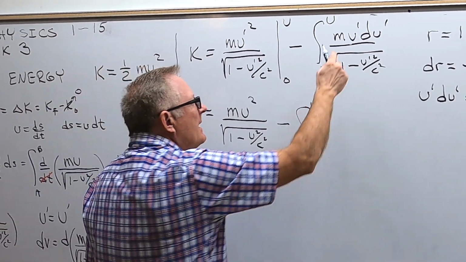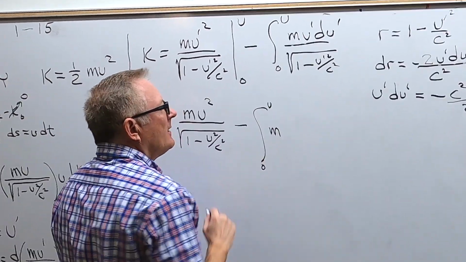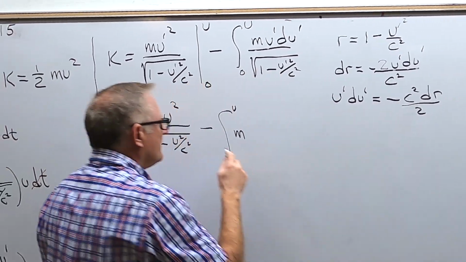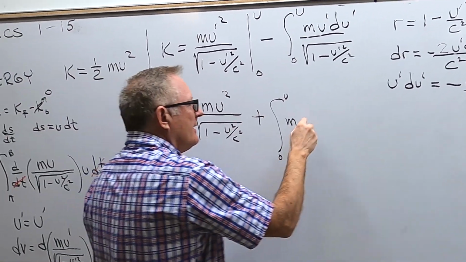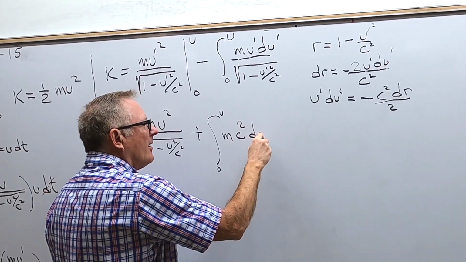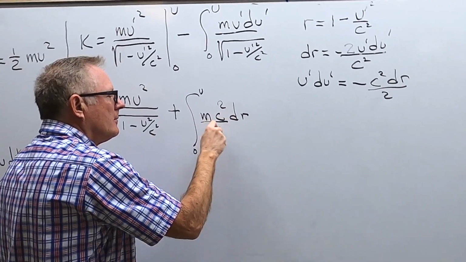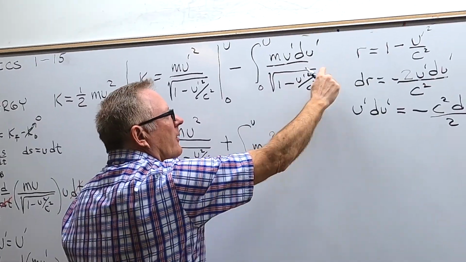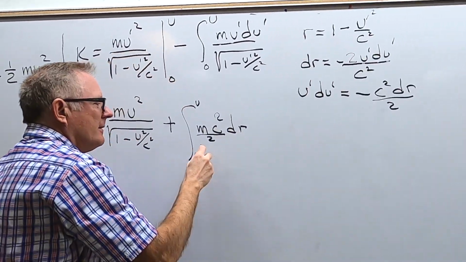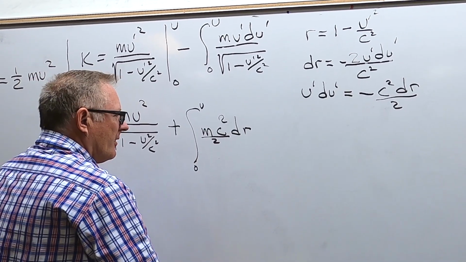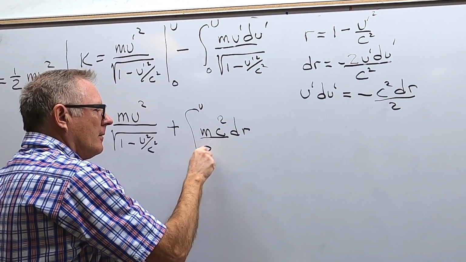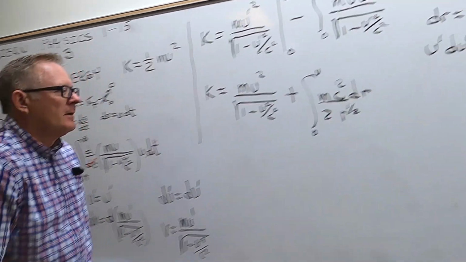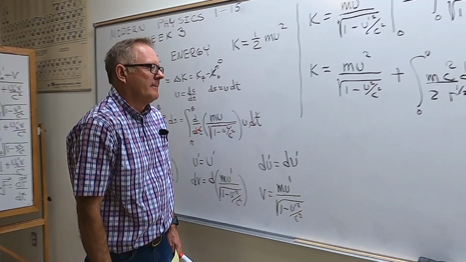We get m, then we get u du, which is right here, which is a minus, which makes that a plus, c squared dr over 2, divided by the square root of r, well, square root of r is just r to the 1/2 power. Okay, so that I can integrate right there.